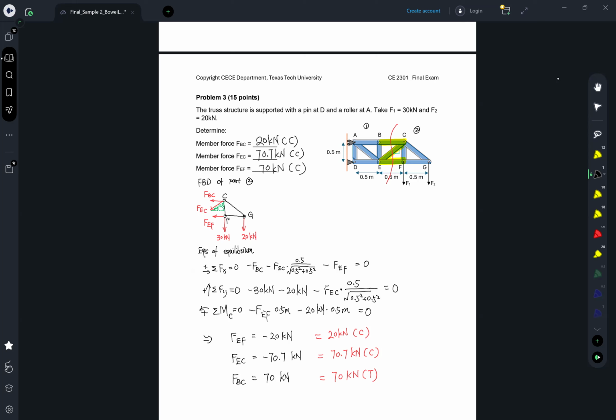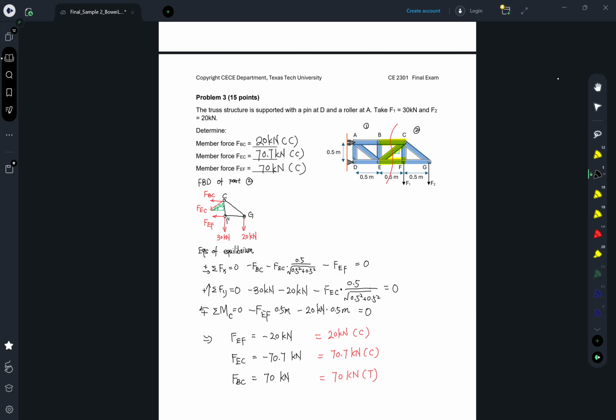Typically the idea is that we first identify the members of interest, all the members whose forces we are going to evaluate. Then we imagine that we have a knife to cut through the members, cutting the truss structure into parts. We take out a part and perform force analysis on it.